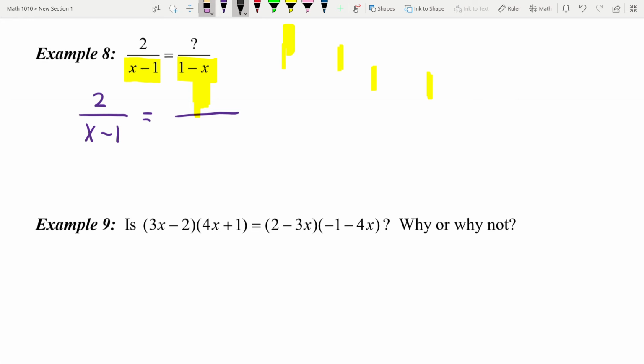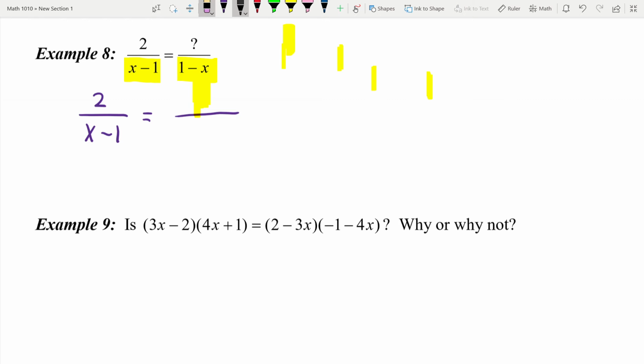I didn't change any signs. All I did is flip-flop those. So then we have 2 over x minus 1 is equal to something over, right here on the bottom, take out that negative, because that's what's still ugly. When I take out the negative, it changes both of the signs. So the x becomes a positive and the y becomes a negative.